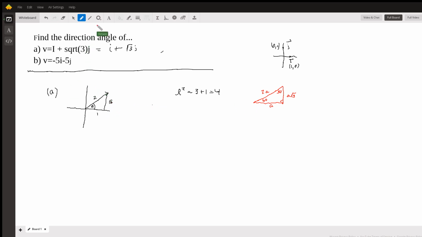So theta in this case is just 60 degrees. And chances are your teacher wants everything in radians, so it would be pi over 3 radians.